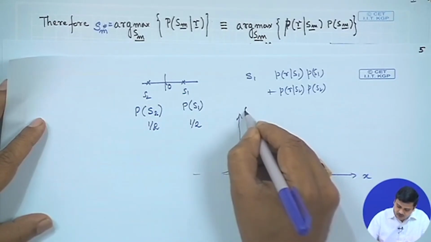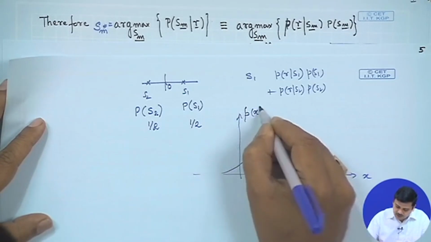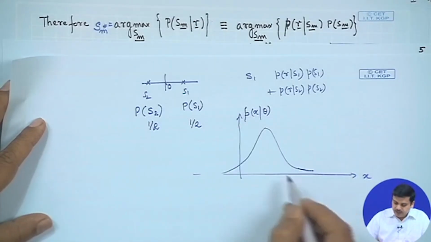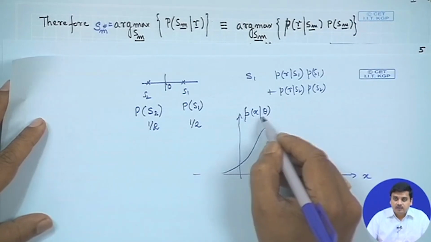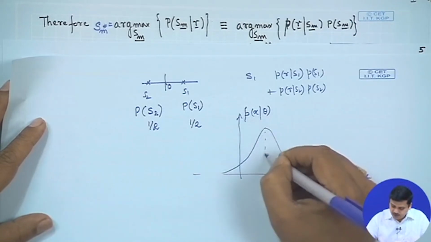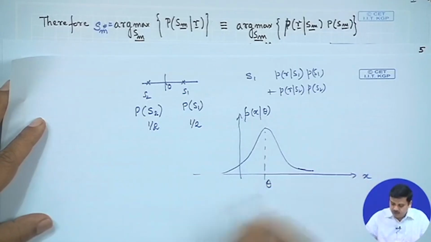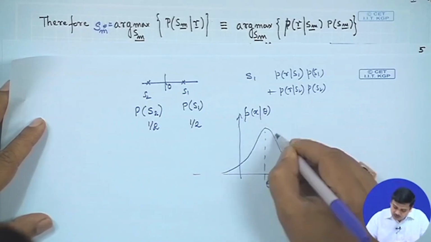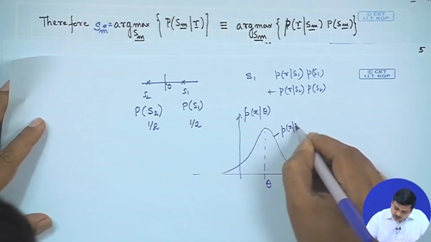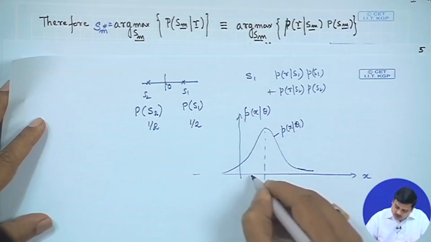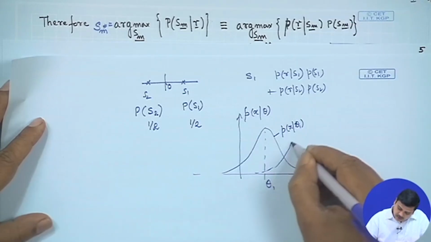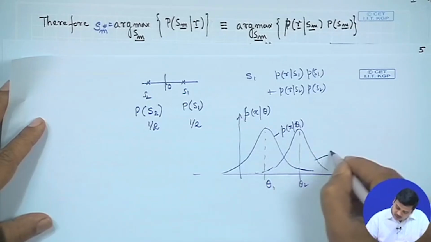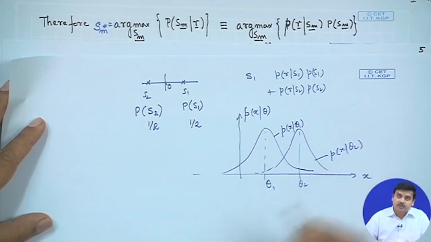So, this is P of x conditioned on, let us say, some parameter theta. Let theta be the mean of the PDF, suppose. So, there we have the mean of the PDF. If I change theta to some other value, theta 1, I can get the PDF which goes like this as theta 2, and this can be P of x conditioned on theta 2.